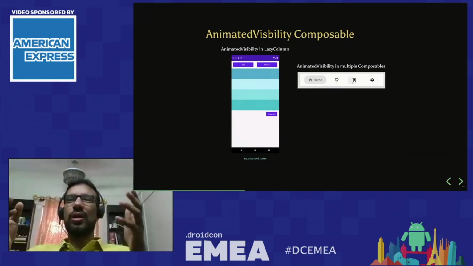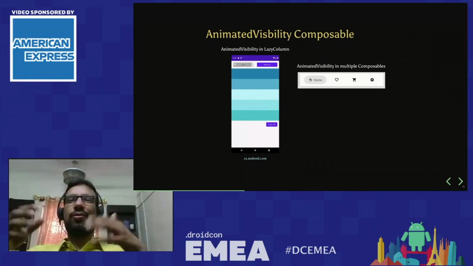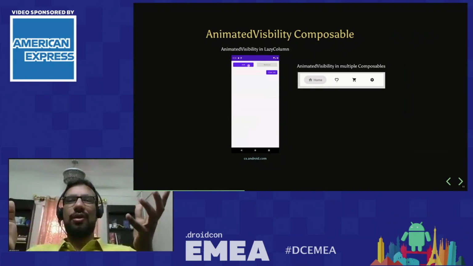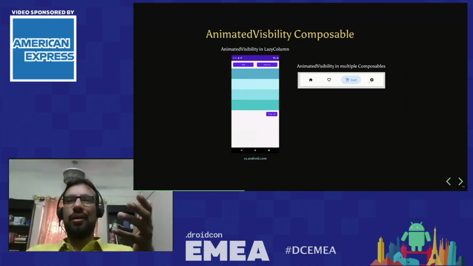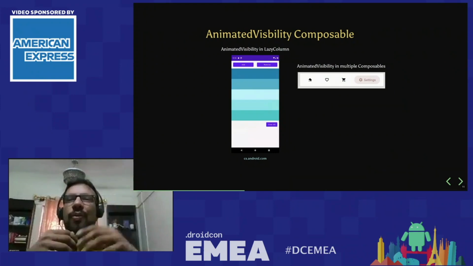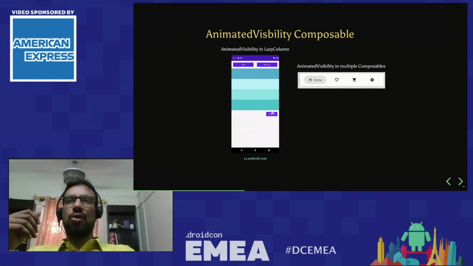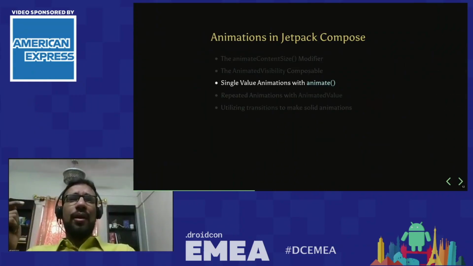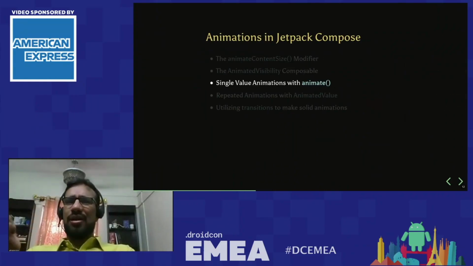All I had to do was manage the state so that whenever any home is selected, that home's visibility is on and any other existing composable's visibility is off, and it will animate itself. So it was good. It was fun. That was animated visibility.